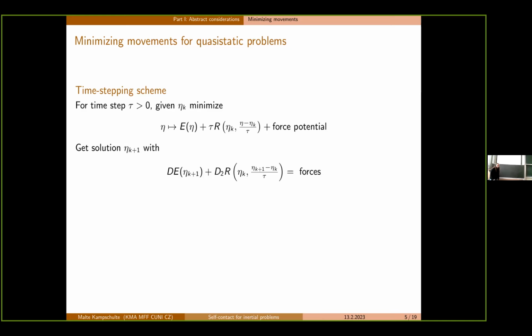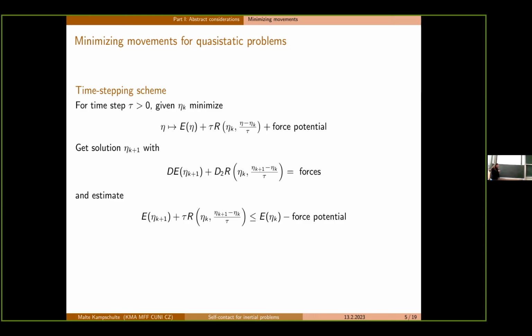Why the minimization? Well, the trick in the minimization is you get an estimate for free. So comparing your minimizer, basically, your eta k plus 1 with eta k gives you this inequality.